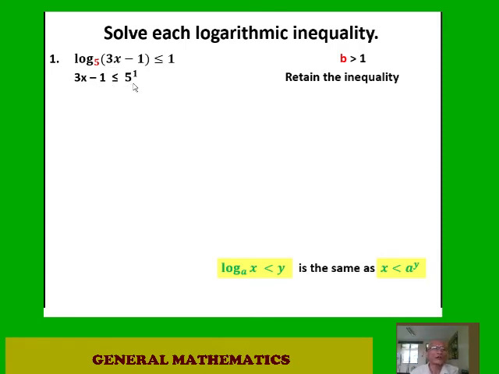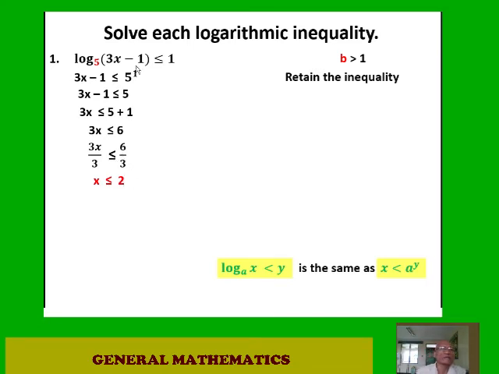Then 5 to the power 1 is equal to 5. Then solve for x. Transfer negative 1 to the right, it becomes positive. Then divide both sides by 3, so that the value of x is less than or equal to 2.